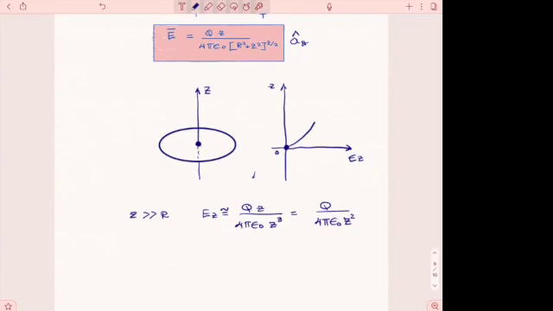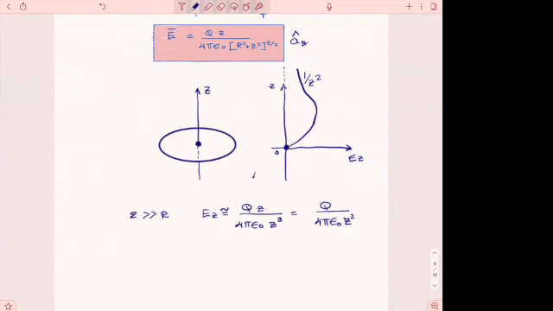So what does that tell me? It tells me that if I move away from the circle, the field grows up to a point, and then it starts going down as 1 over z squared, all right?